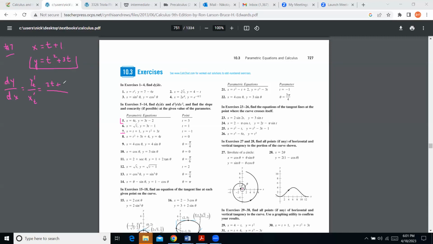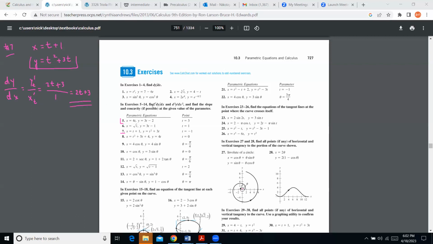So the power rule for derivatives is at work here. And for the denominator, it's number 1. So we end up with 2t plus 3 as the derivative of this function. So that was the answer for the exercise.